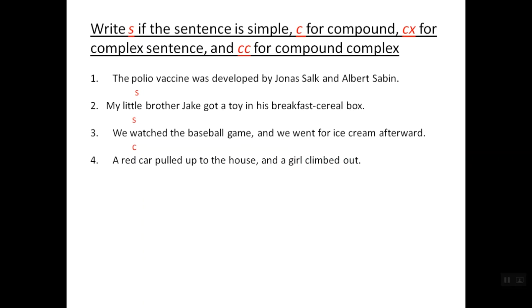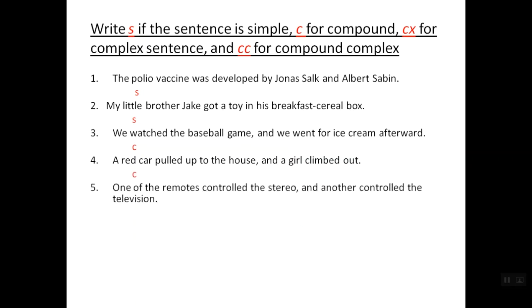Right? So what is the first verb? Pulled. What is the second verb? Climbed. So, 2 subjects, 2 verbs, 1 coordinating conjunction in the middle, so it is a compound sentence.